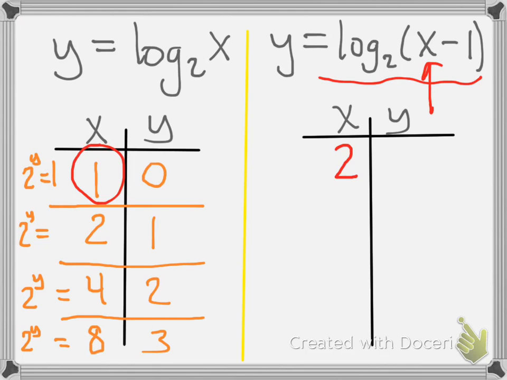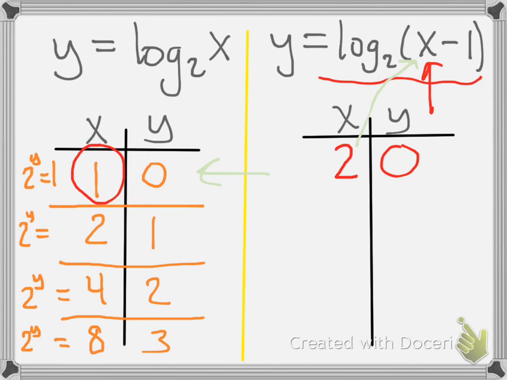Because if I plug 2 into my function over here, 2 minus 1 is 1. And so then I'm evaluating log base 2 of 1, just like I was doing over here in this entry on the original table.